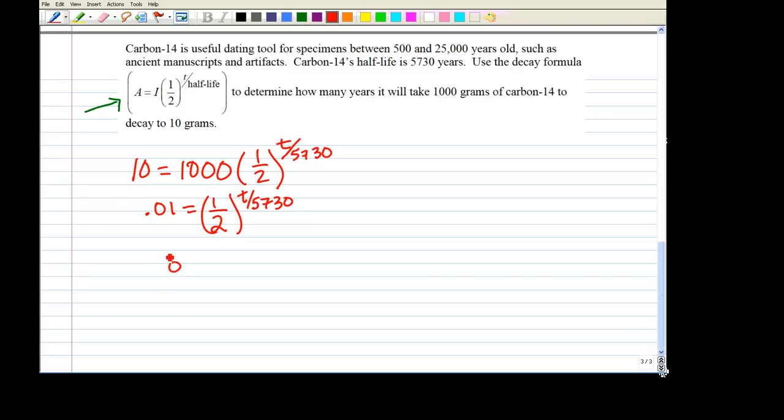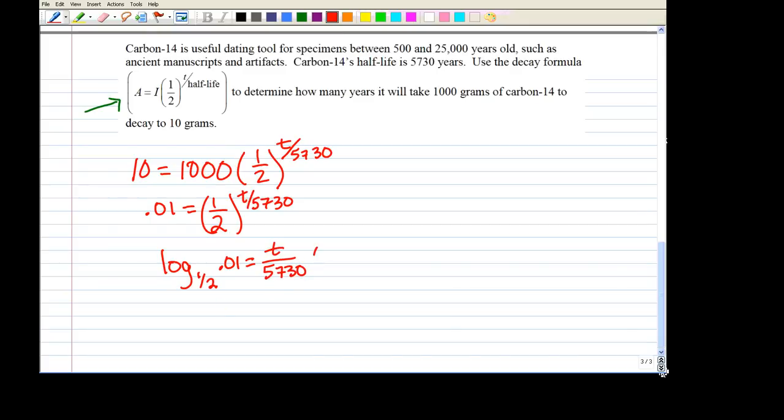So my base is whatever has the exponent: log base 1/2 of 0.01 is equal to my exponent, t over 5,730.